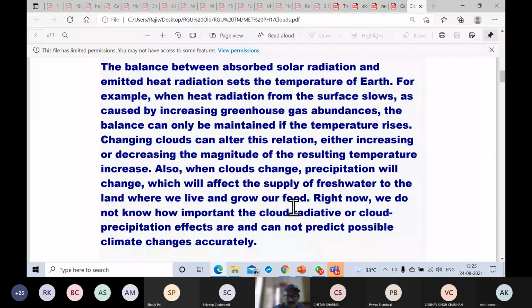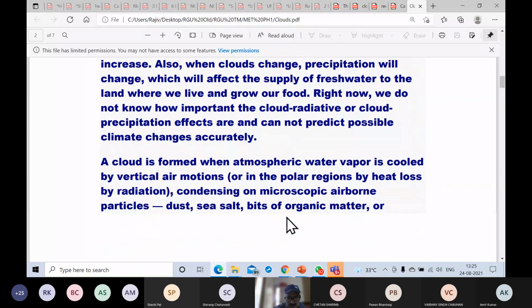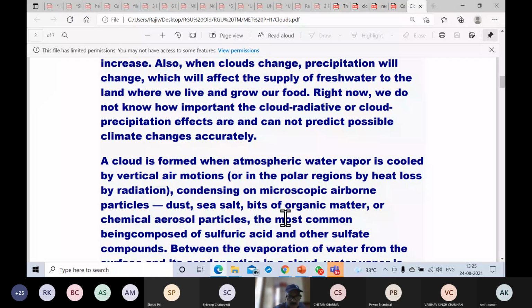What will happen, Shivang, if it is a clear night? If there is no cloud cover, it is a clear night, during daytime energy from the sun has been absorbed by the surface. Now it is supposed to emit it back at night time, reflected back by radiation only. But if it is a clear night, nothing is stopping it, it will go out.